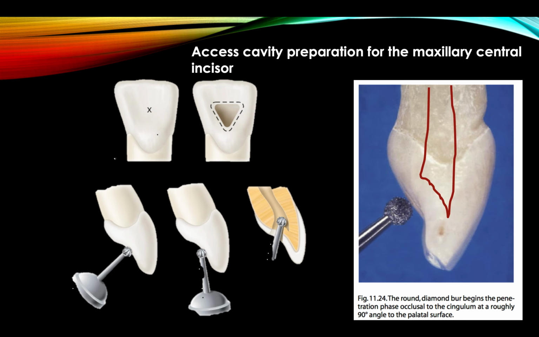The direction of the burr should be perpendicular to the palatal surface. Now we will drill through enamel, and then we will drill through dentine, and then you will feel a sudden drop of the burr within the pulp chamber, because the pulp chamber is a cavity.